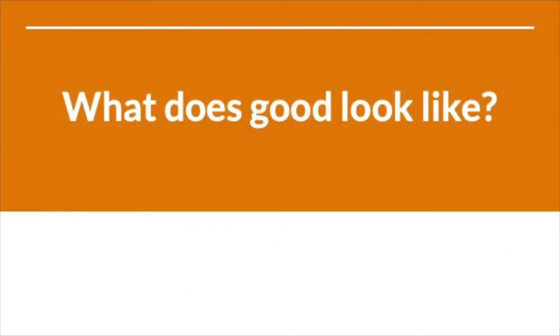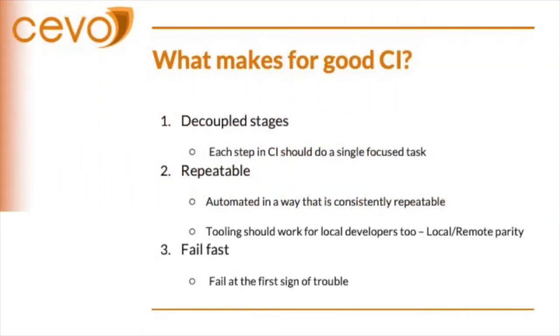So let's take a quick look at what good looks like, with a subjective word. These to me are the three key aspects that are really important to delivering good CI. Fundamentally, what we want to be able to do is decouple each of the individual components. In application design, for a long time, we've built large monoliths, a big, chunky application that has had all of the features and all of the functionality and all of the capability built into that.